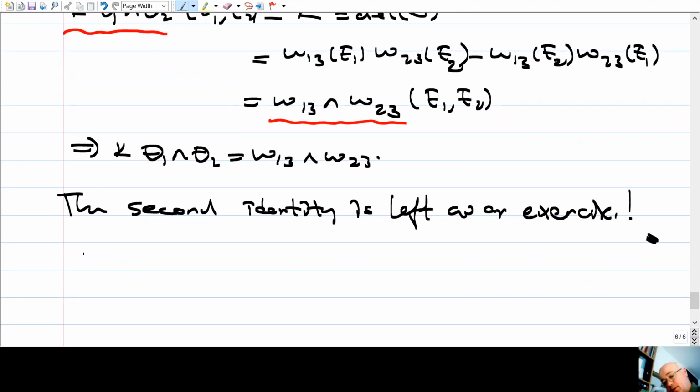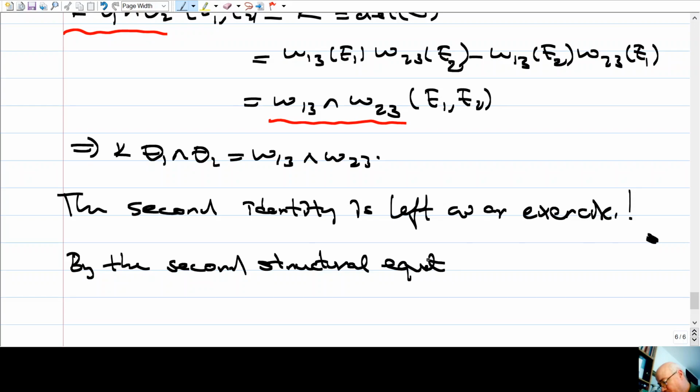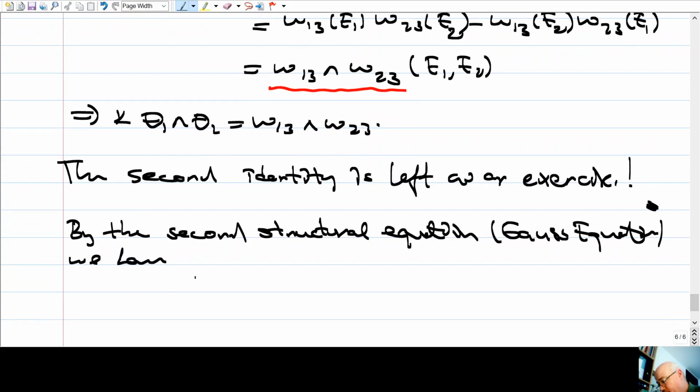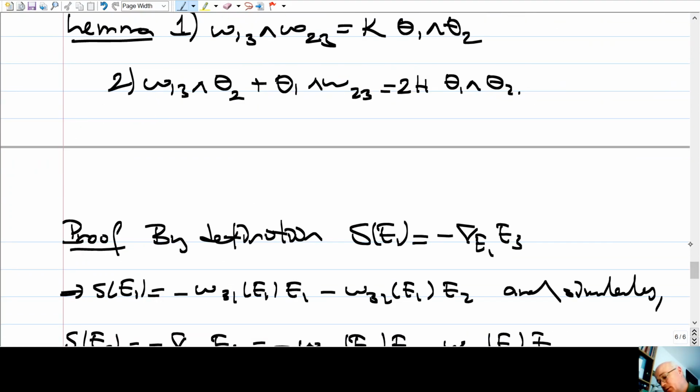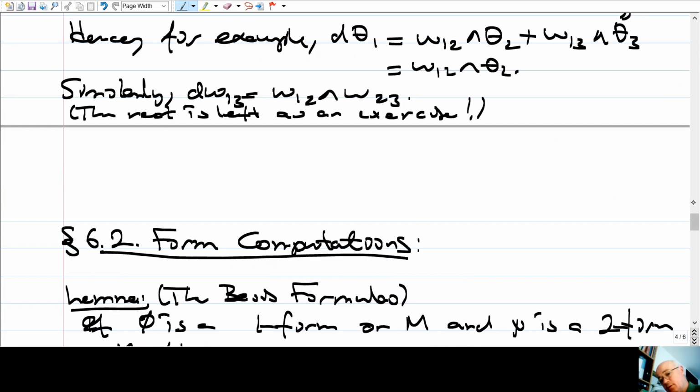Well, by the second structural equation, which is called the Gauss equation, we have d omega 1 2 is minus omega 1 3 wedge omega 2 3, right? Where was it?